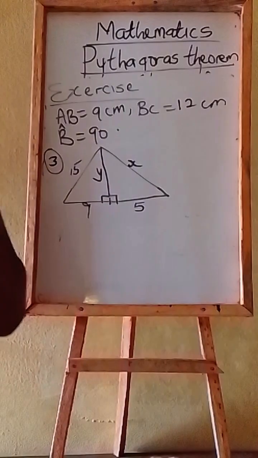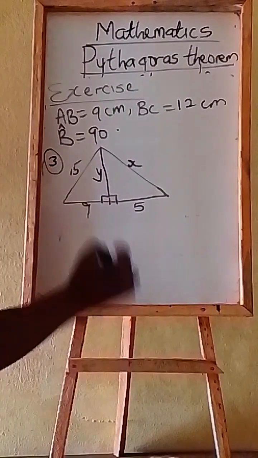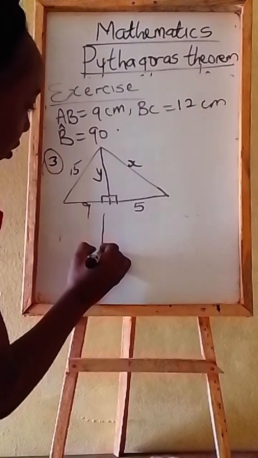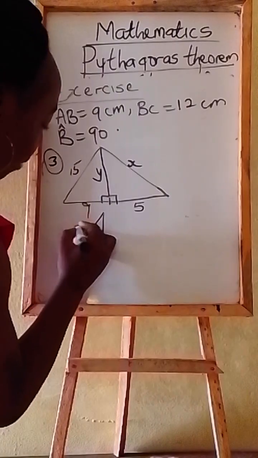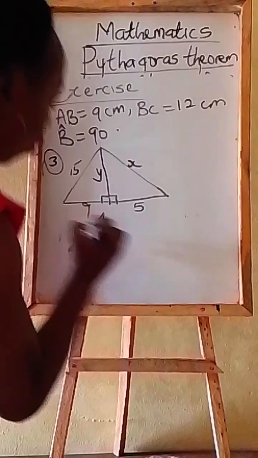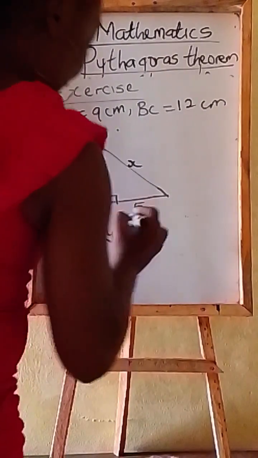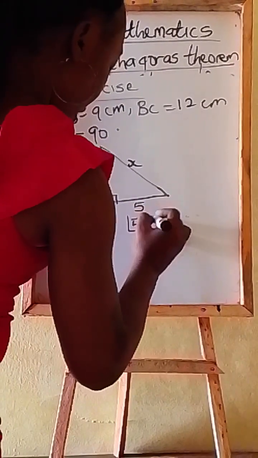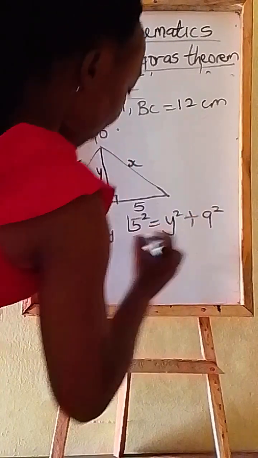So if you have this, the first thing we'll consider is 15, 9, y. So the longest side is what? 15 square equals y square plus 9 square.